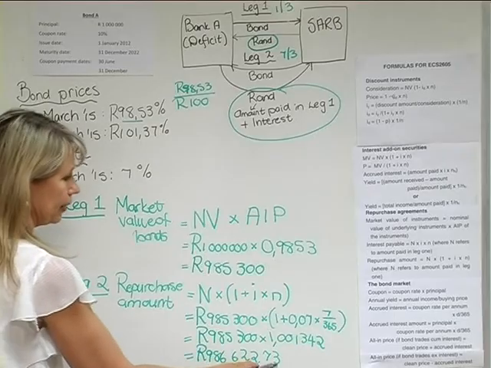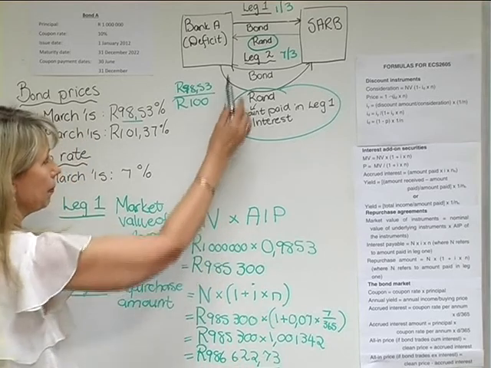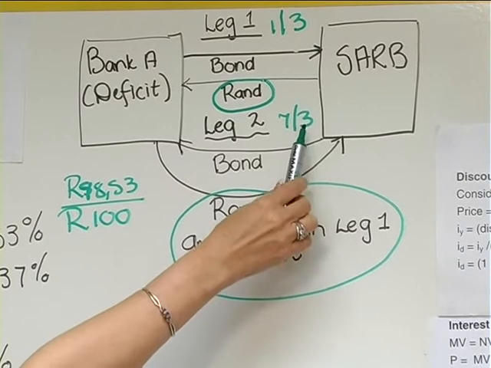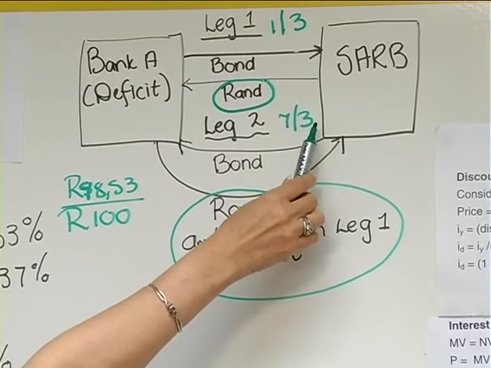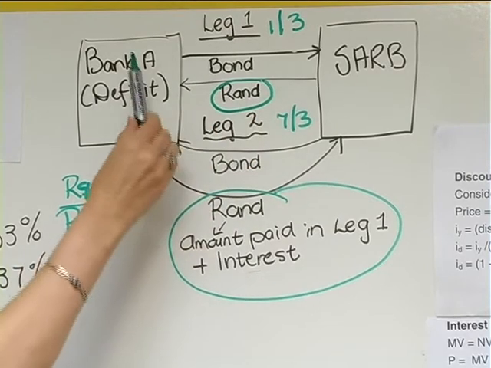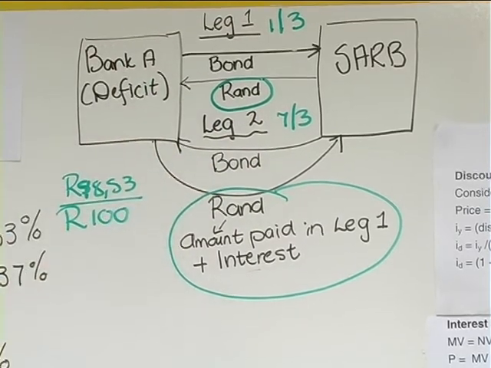So that will be the amount that will be paid in the second leg of the transaction when the Reserve Bank is repaid for the amount that was borrowed by Bank A in the first leg.